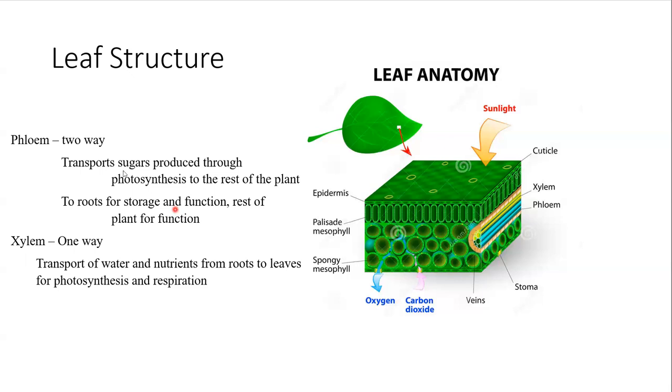Anyways, phloem is two-way. The phloem will go through the phloem tubes, okay, and that is essentially sugar water, right? That flows throughout the plant for whatever other types of plant functions need the glucose, okay? That's the plant's food.